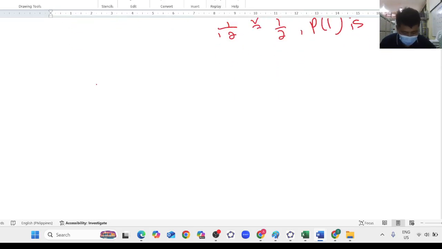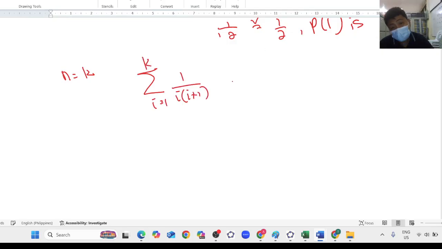Okay. So for n is equal to k, we have the summation of i equal to 1 to k of 1 over i times i plus 1 equal to k over k plus 1.